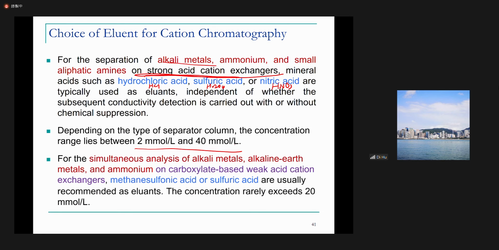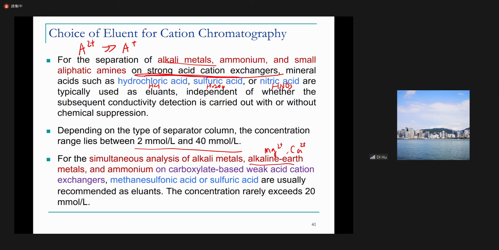However, if you want to do simultaneous analysis of alkali metals and alkaline earth metals, that means magnesium and calcium together with lithium and sodium, remember we said the divalent ones have much larger affinity than the monovalent ones.